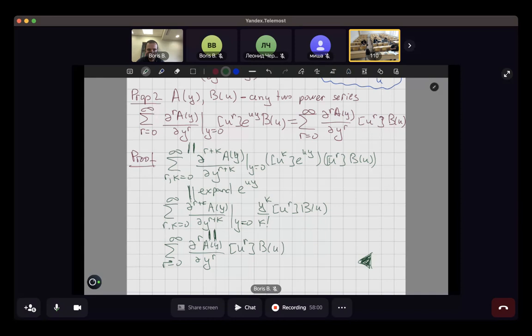Вот следующим образом, что сумма, so I state that the following expression, which is very much similar to u hat, u to the power r, z to the power m, exponent u y of z, h of u z.